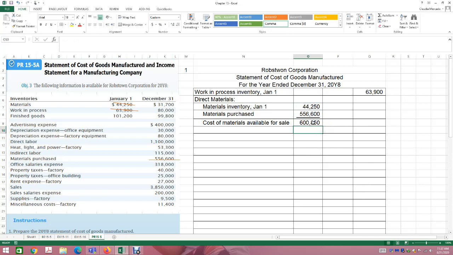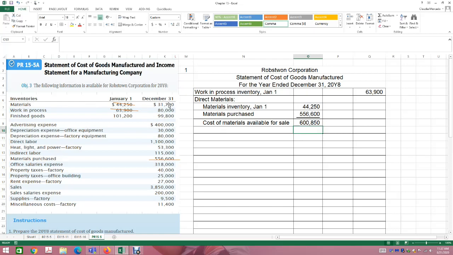Now, did we use all of the $600,850 in materials during the year? Well, if we look here, we have materials left over at the end of the year for $31,700. Those materials were not used. They're still sitting in our warehouse.